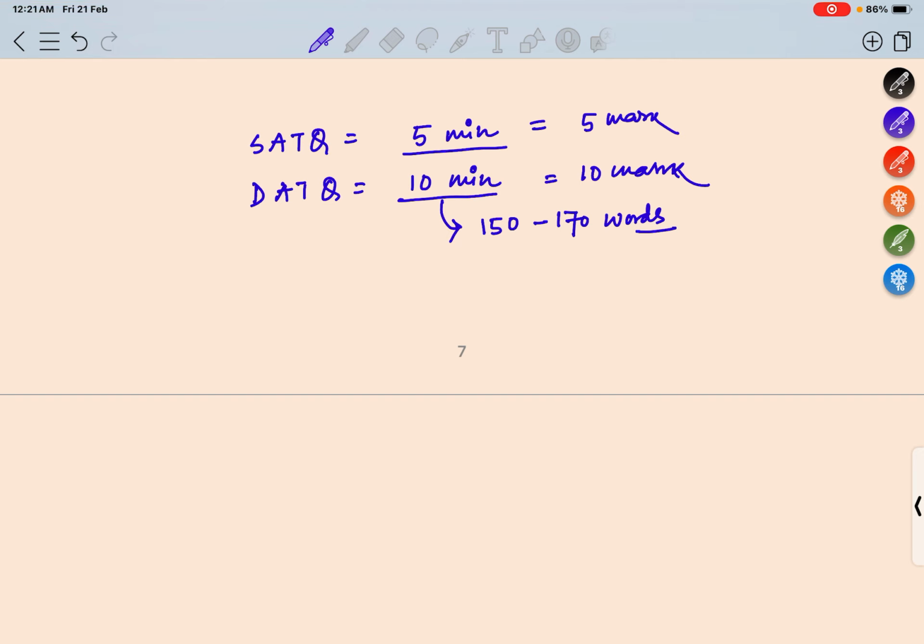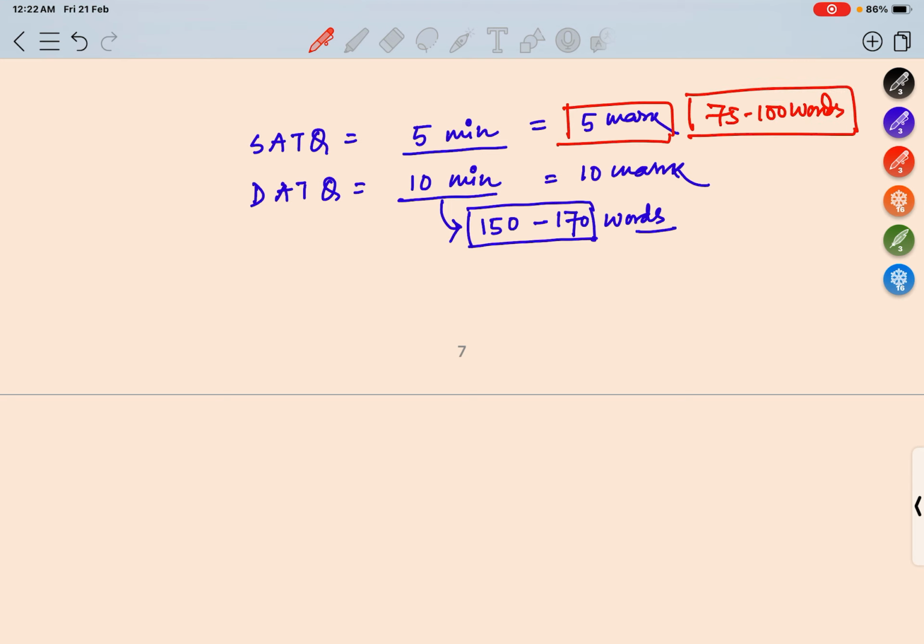So in this way you will be lacking in the question paper and ultimately you will leave questions. So you don't exceed the limit. Okay, you write 150 to 170 words only, and in this 5 mark question you should try to write 75 to 100 words. Okay, so this is the word limit standard.